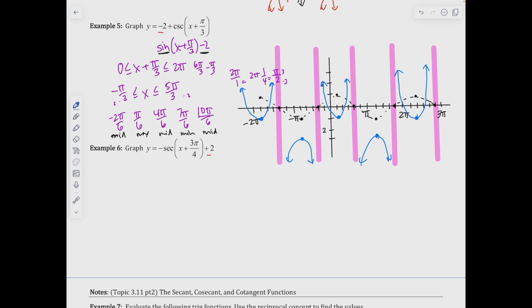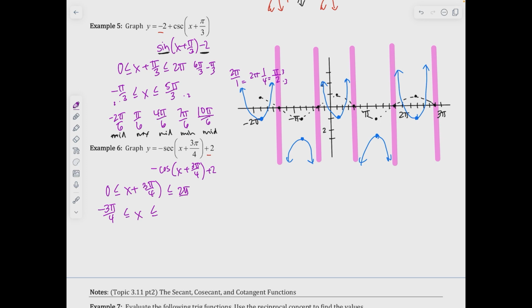Okay, number 6. This is negative cosine that I'm going to consider. Okay, so cosine is between 0 and 2 pi. So negative 3 pi over 4.